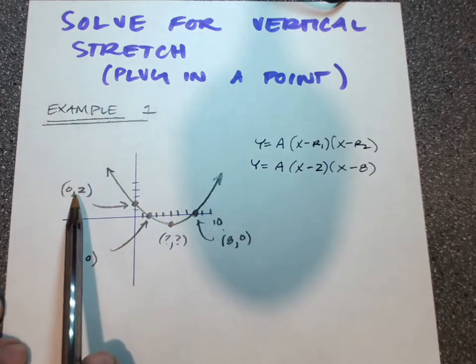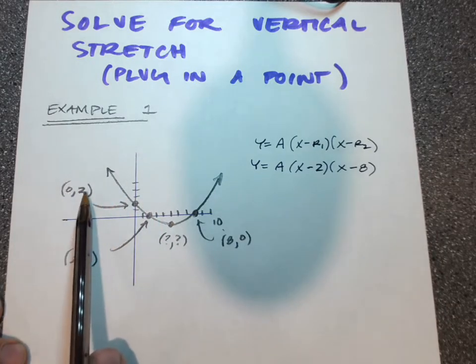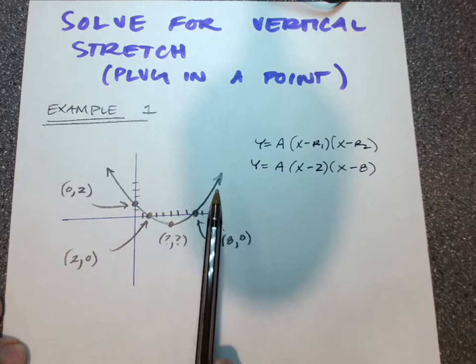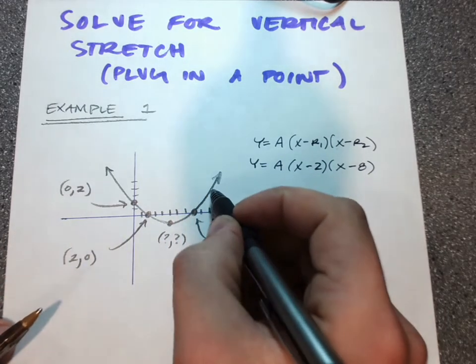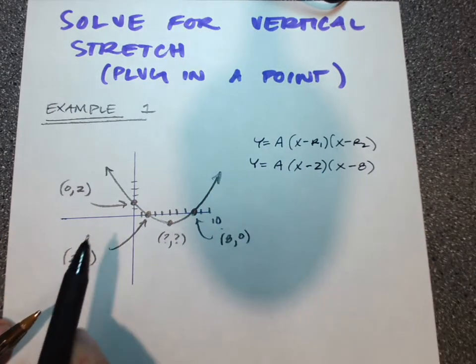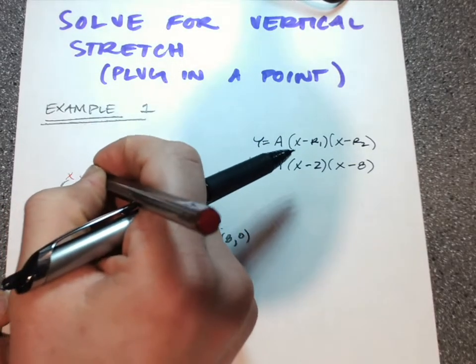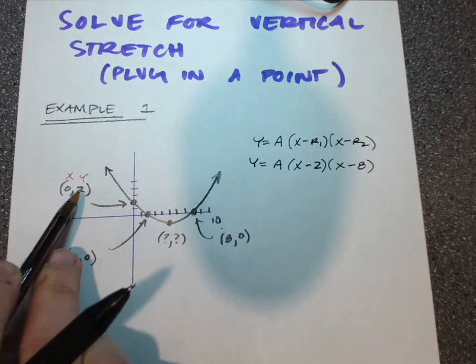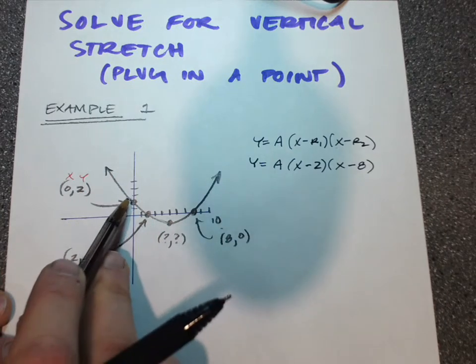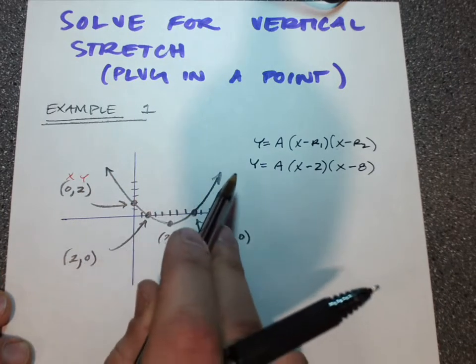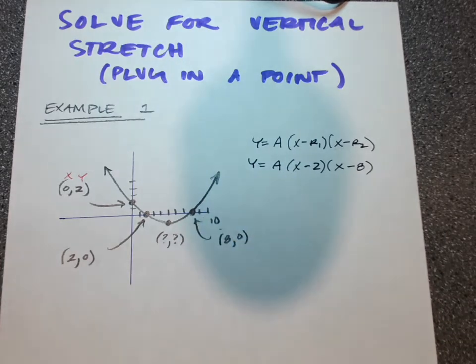And we're going to use this additional point that we know, the y-intercept, and really it could be any other point that we knew. If we happen to know some random position somewhere down the line, we could use that. But since this is a nice easy number and it's provided, we're going to use this (0, 2) in the equation. So the parabola does pass through that point, meaning that it is one of the points that occurs along this.